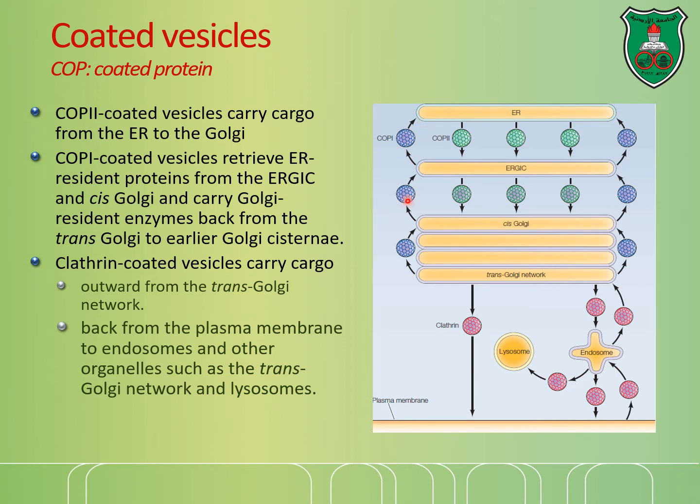Now you have a third coating in here, which is a protein known as Clathrin, and Clathrin-coated vesicles are targeted from the trans-Golgi to the plasma membrane, or the opposite. So what you have in here is that vesicles are formed from the plasma membrane.